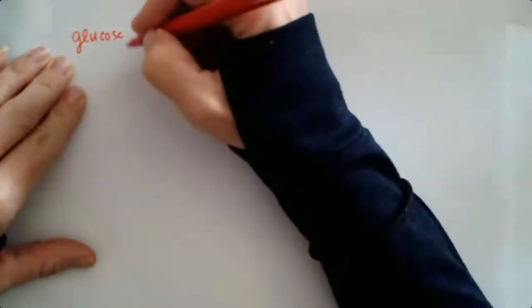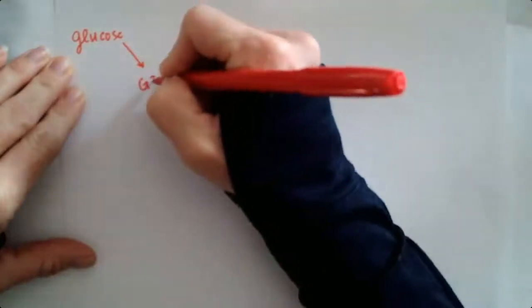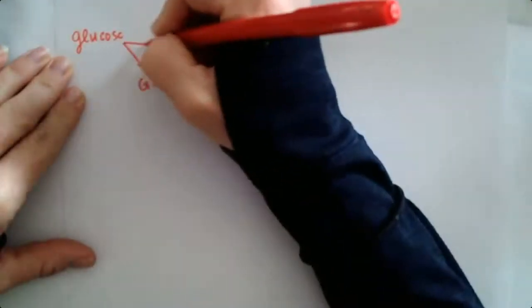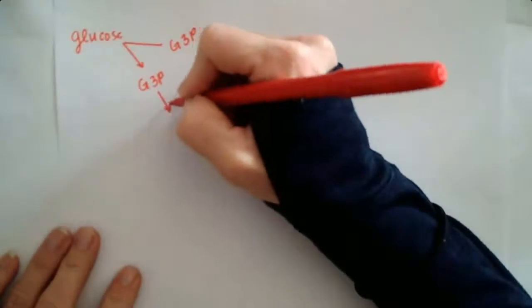Okay, so the whole process begins with glucose, and glucose is split into two G3P molecules. And then each of those G3P molecules becomes pyruvate.